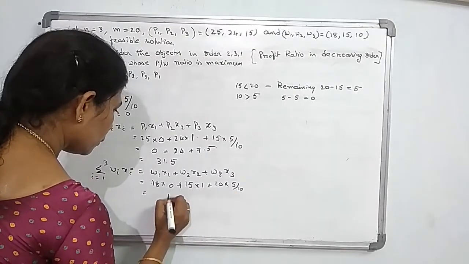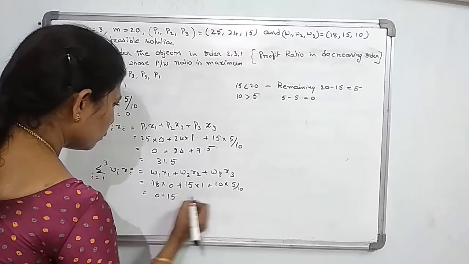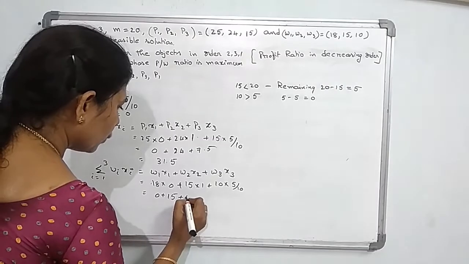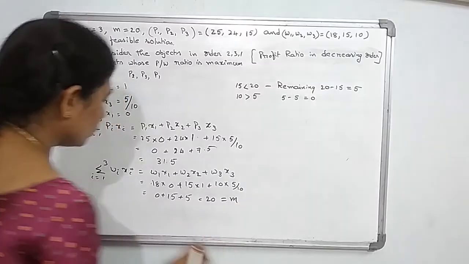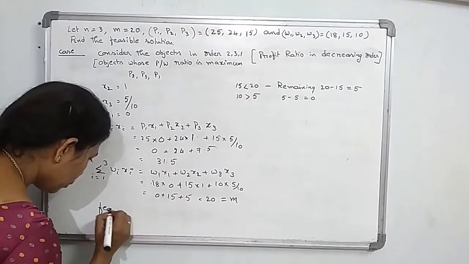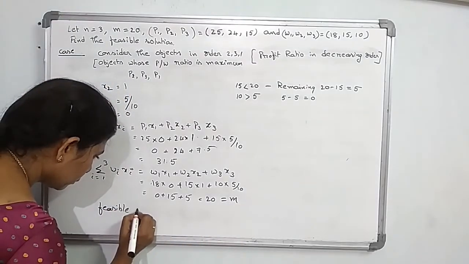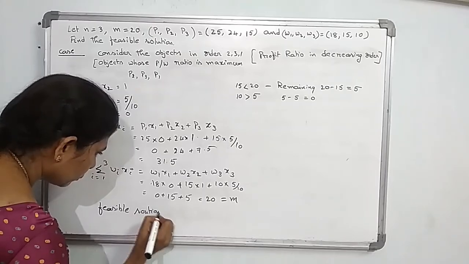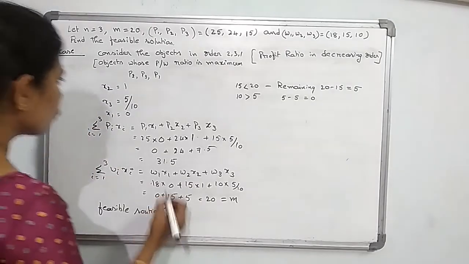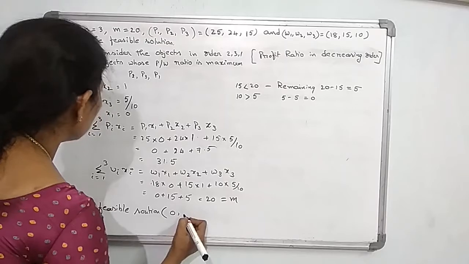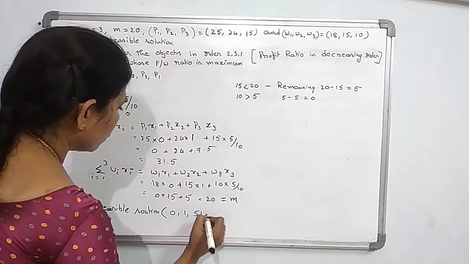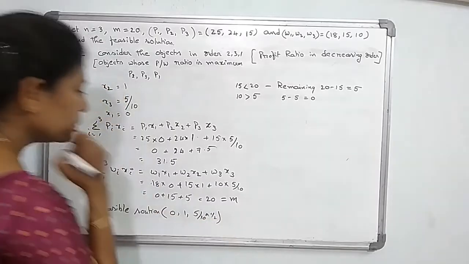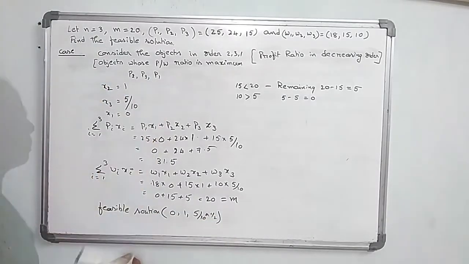So this is 15 plus 5, that is equal to 20, which is equal to m. So the feasible solution is x1 equal to 0, x2 equal to 1, and x3 equal to 5 by 10 or 1 by 2. So this is the case 3.